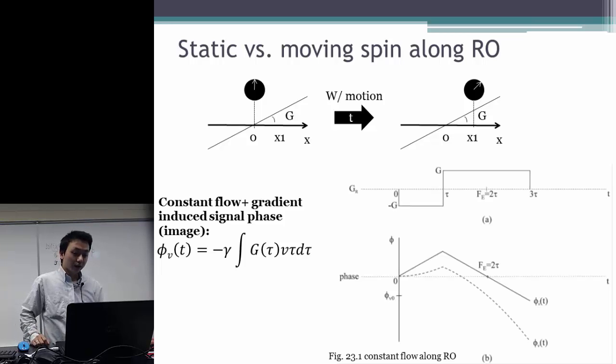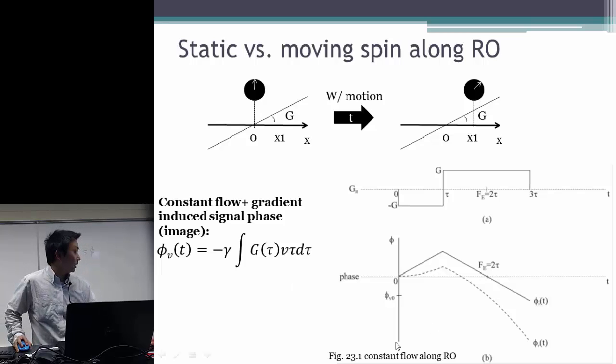Okay, so let's take a look at the case for the readout gradient. We know that we would have a pre-phase gradient immediately preceding the readout gradient, and the pre-phasing gradient has half of the area of the total readout gradient.